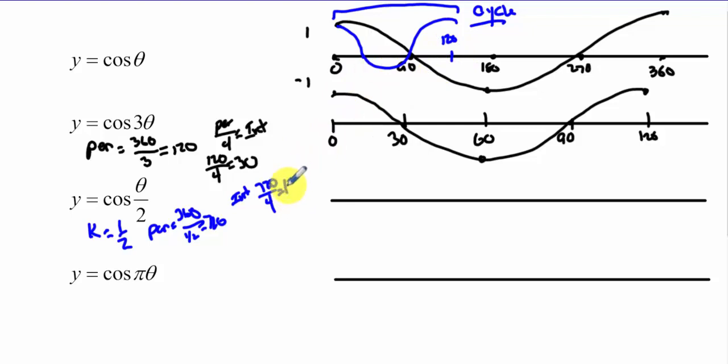My intervals are going to be 180. So 0, 180, 360. Add 180 to that, that's 540, and 720. And again, there's no change in the y values, so my graph looks exactly the same.